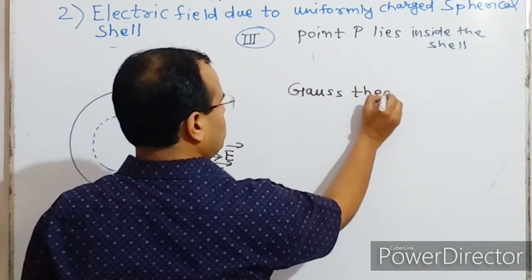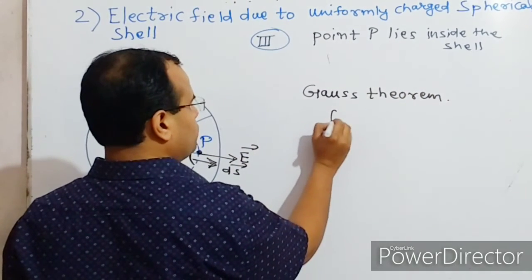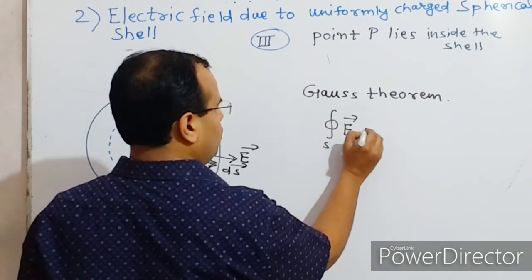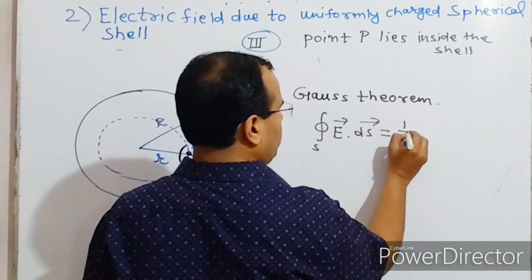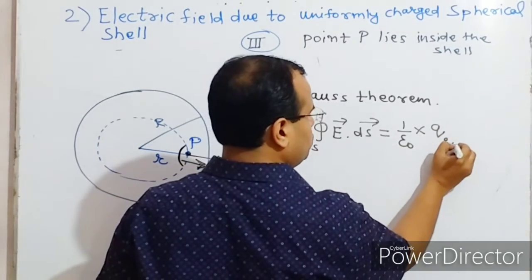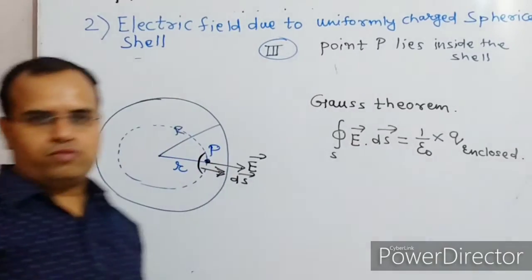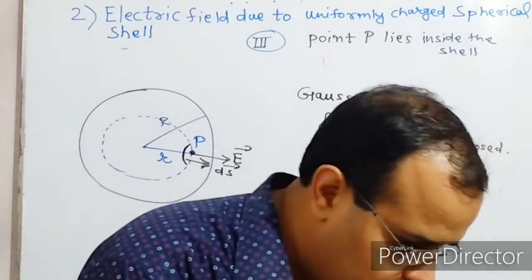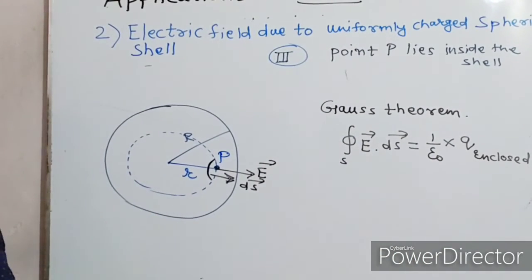So when you apply the Gauss theorem, you will be writing closed surface integral E vector dot ds vector is equal to 1 upon epsilon naught times charge enclosed in the Gaussian surface. Now as far as the charge enclosed in the Gaussian surface is concerned, in this case it would be 0.